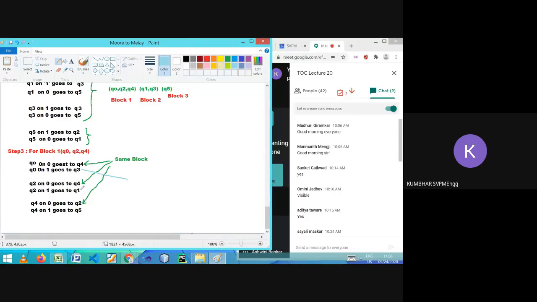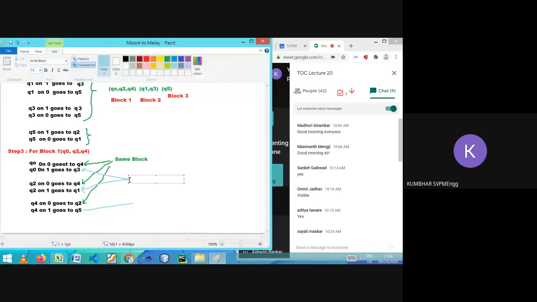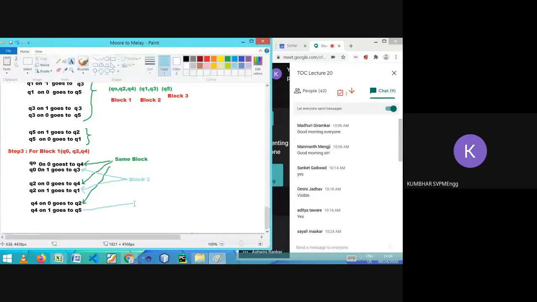Here Q2 on 1 goes to Q1, so again the same group, but here it goes to Q5, so this is a totally different group, a different block. Are you getting it? Yes, sir. Where the outgoing transition is pointing, that is what we are tracing out. So this is block 2 and this is block 3.